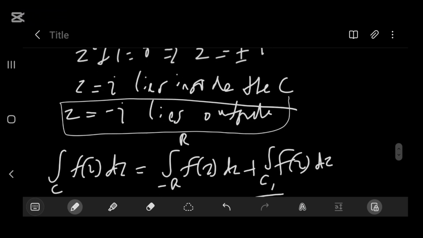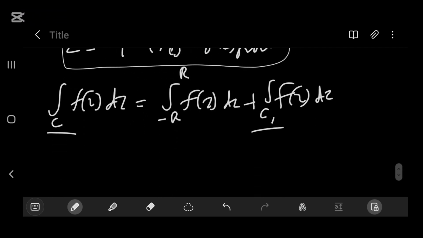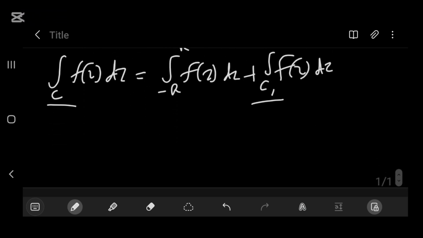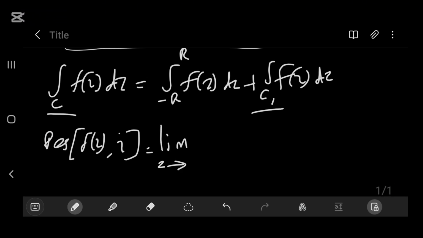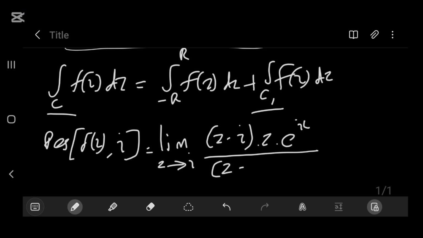So let's find the residue first. The residue of f of z at z equals i is the limit as z tends to i of z minus i times z times e to the iz over z minus i times z plus i.